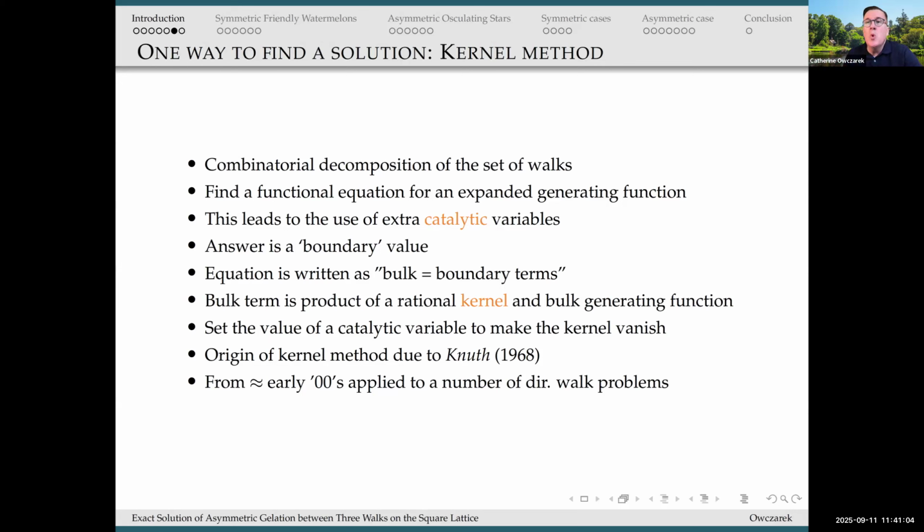The generating function you want is the values of those catalytic variables at so-called boundary values. Your functional equation is written as a bulk equal to boundary terms, and the bulk term has this simple rational function in it called the kernel.